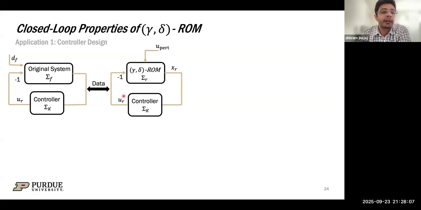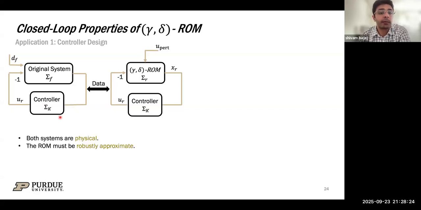One is that I send this UR through a communication channel to the system, and that's what this sharing of data illustrates. Or the other is that I can apply the same controller to the true system. One thing to keep in mind is that if the application is designing these simulated models as a digital twin, meaning that even this simulation model is a physical system, then I want this reduced model to be robustly approximate.